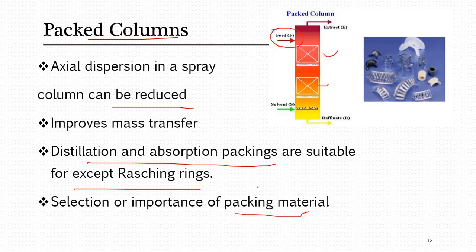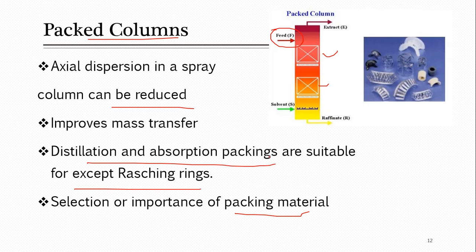So just think over it, what kind of packing material you will be looking for. Definitely such material which can provide good wettability, because when the surface of the packing is fully wetted with the continuous phase, definitely it will provide good mass transfer with the dispersed phase.